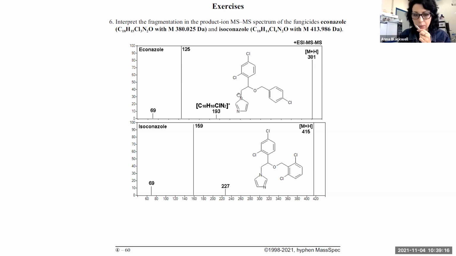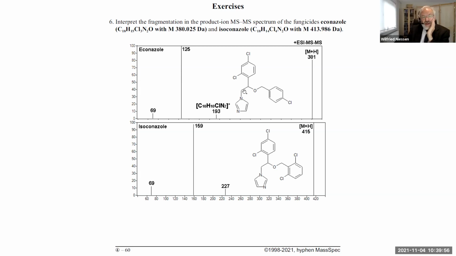In this position, this fragment has a mass 193, and after that I have one fragment with mass 125 and a fragment 69, I suppose.